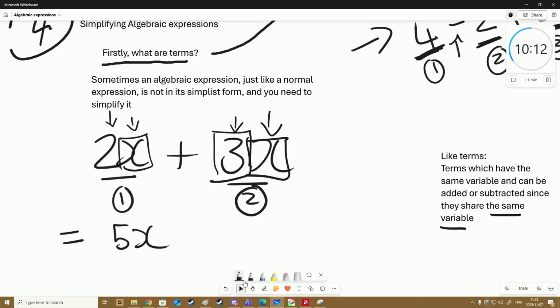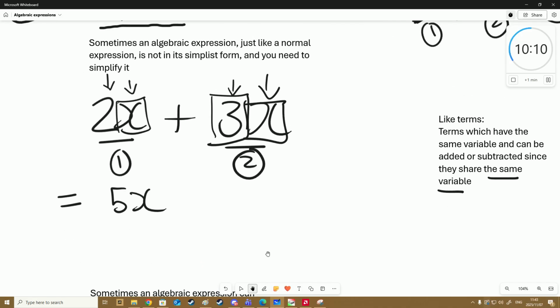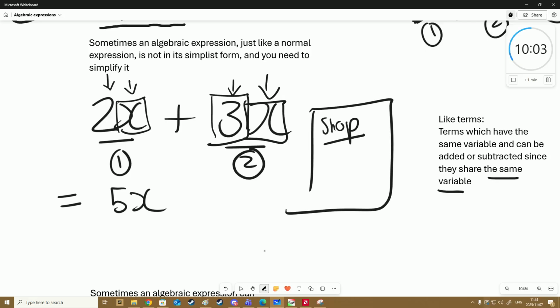So we can use the analogy of the shopping list again. If the shopping list said that we need 1 loaf of bread, and for some reason they wrote it as, secondly, we need 2 loaves of bread. How many loaves of bread in total do we need to buy from the shop?